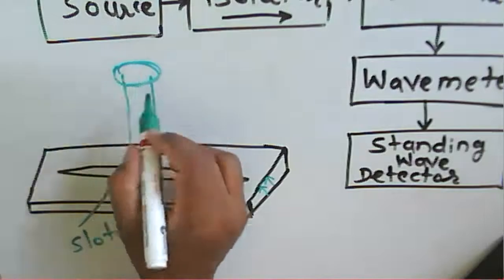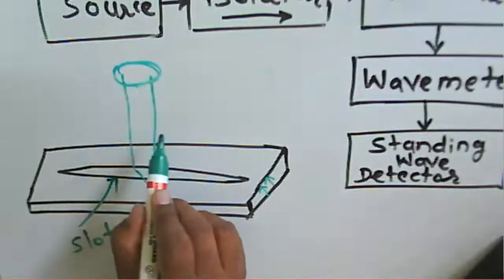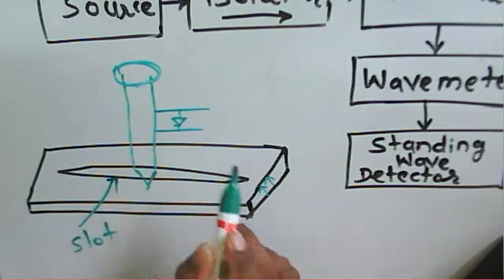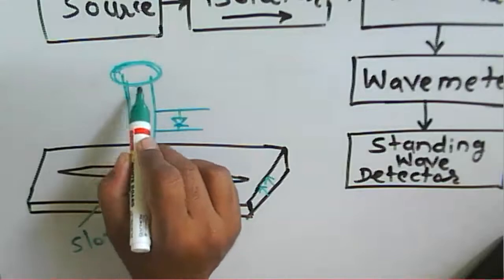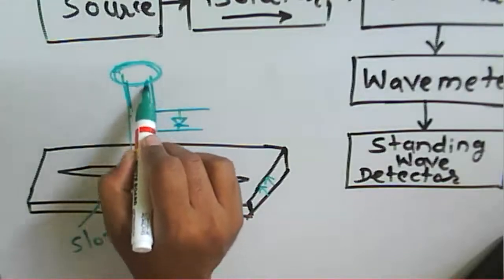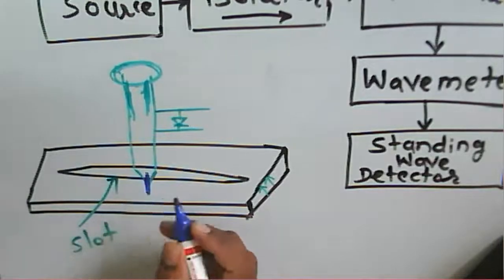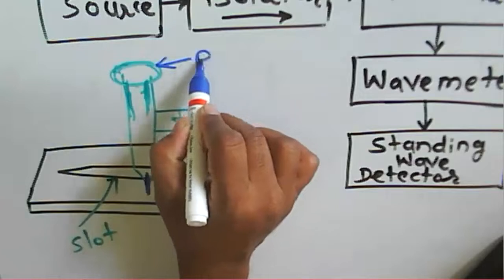I'll draw again how the detector will be. Here is a detector diode, and this plunger is rotated inside the guide. Whenever we rotate this plunger, the depth of the probe will increase or decrease.